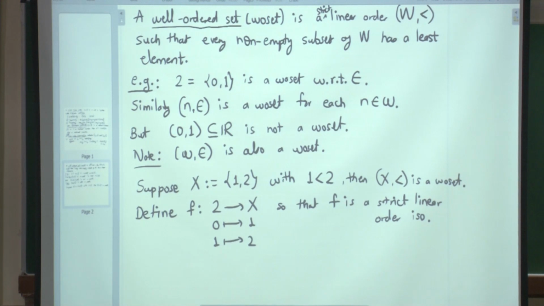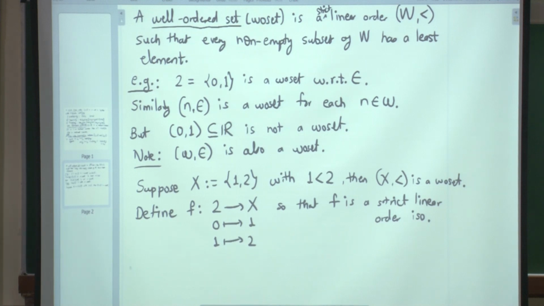Right? So in fact every finite well order is isomorphic to the unique natural number, which is its size.